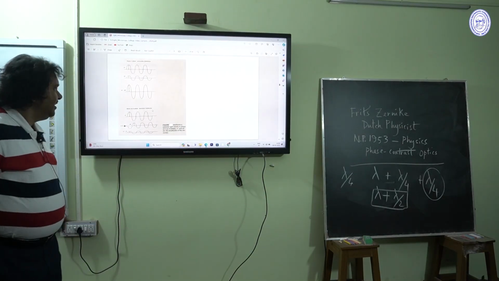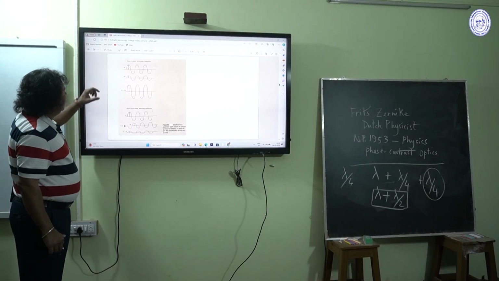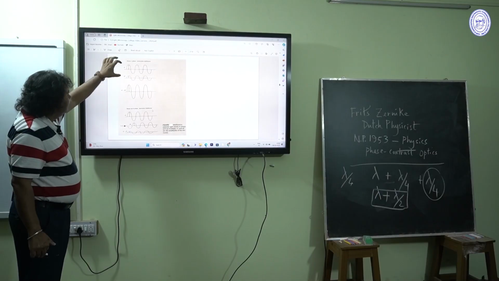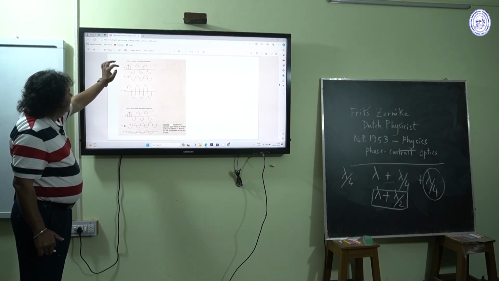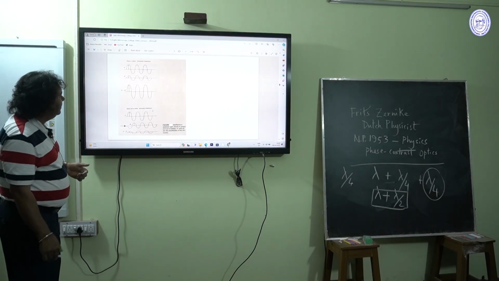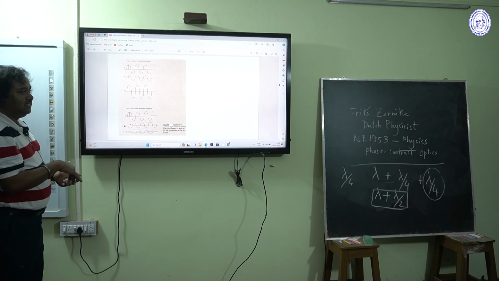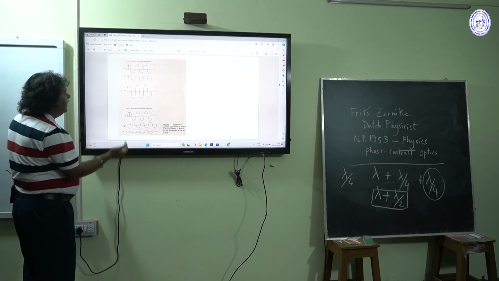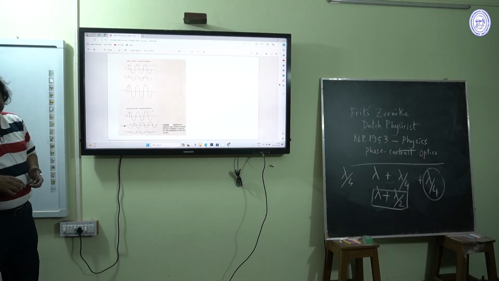Here, two wavelengths. They are the same wavelength, but their amplitudes are different, A1 and A2. When the waves are in phase, that is A1 plus A2, the amplitude will increase. So the brightness of the light will be increased.